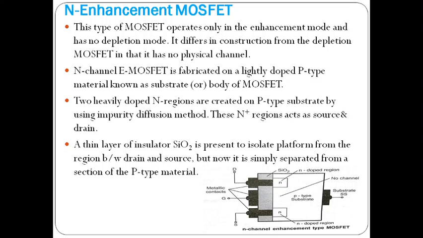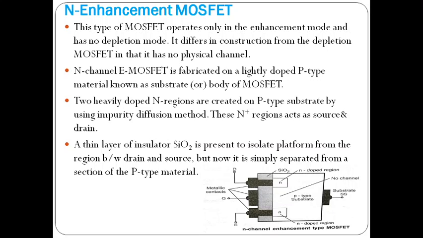This n-channel enhancement MOSFET is fabricated on lightly doped p-type material known as the substrate or body of the MOSFET. It is similar to all the FETs. Two heavily doped N regions are created on the p-type substrate by using the impurity diffusion method. These N plus regions act as source and drain.